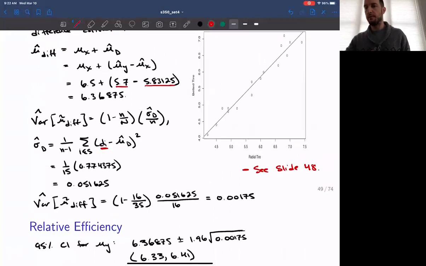So hopefully you agree that for the most part, these calculations are very similar to what we have seen before, at least maybe not in 350, but across different courses. So there's nothing overly complicated about how we're getting to these estimates. But I mean, it is fair to say that they are fairly taxing in some sense, given that we have to compute all the differences and find the variances and whatnot.